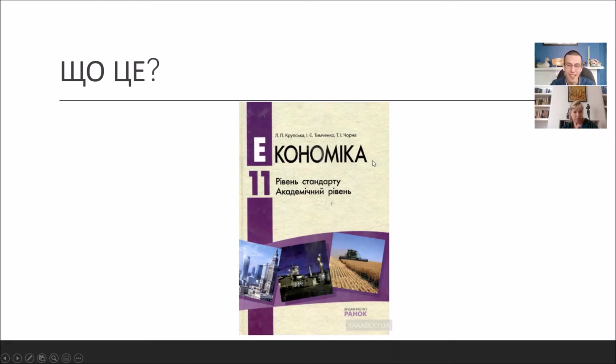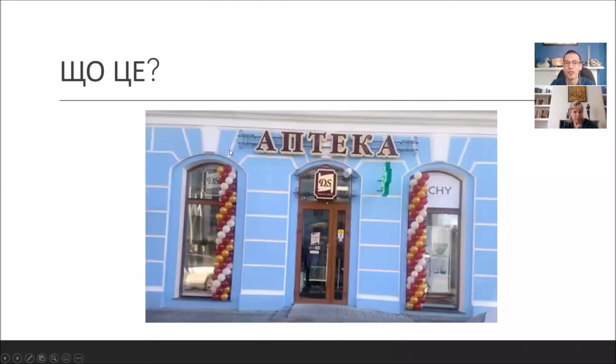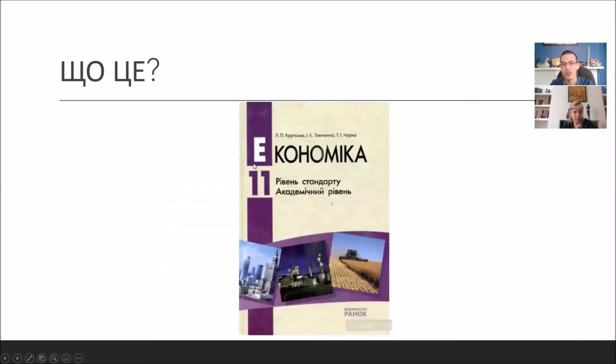Ekonomika, which means economics, or it can also mean economy. In this case, it's economics as a subject. And a very important question that you can ask is "Що це?", which means what is this? You can say "Це економіка." Що це? Це аптека. Що це? Це економіка. Good.